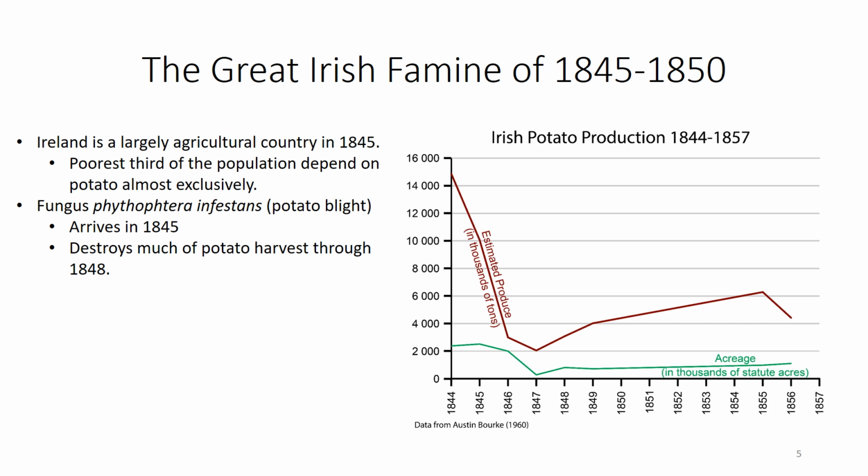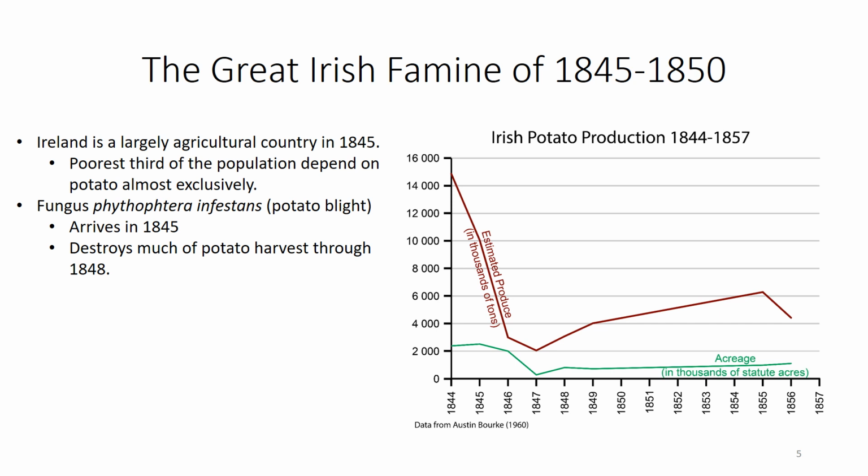And so we can see from the graph on the right-hand side here that Ireland is producing almost 15,000 tons of potatoes in 1844. When the blight arrives, that falls catastrophically to a low of around only 2,000 tons.